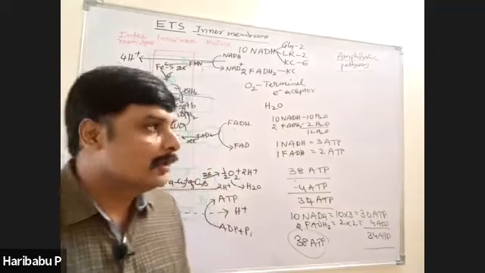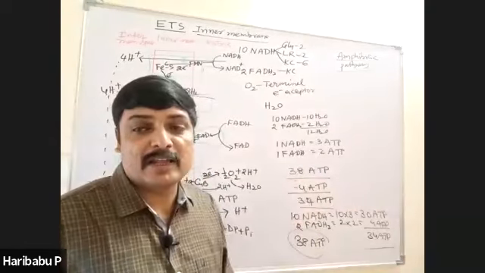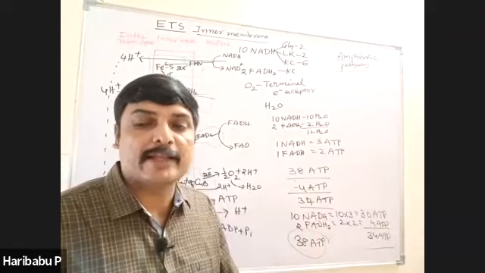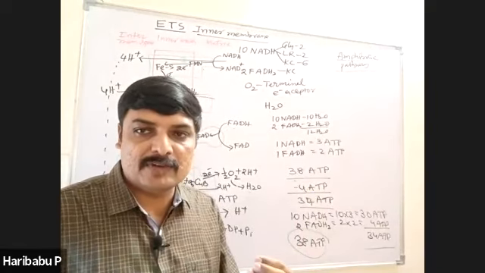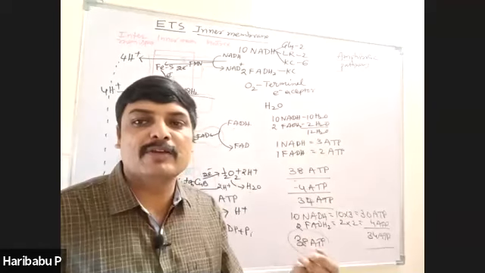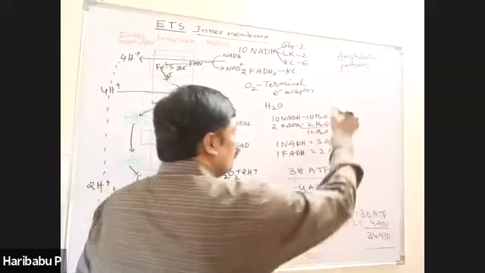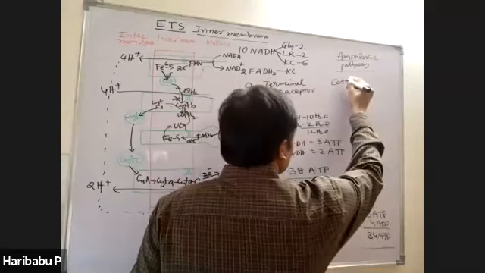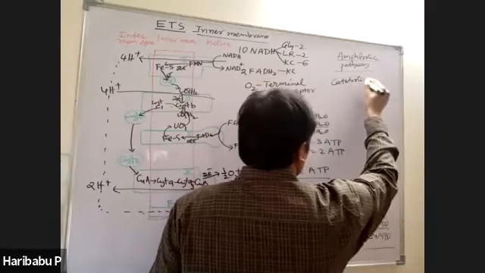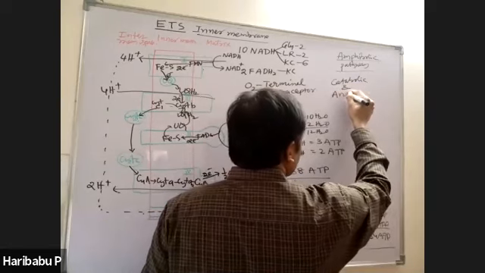But some intermediates of the Krebs cycle, like alpha-ketoglutaric acid, act as a substrate for the synthesis of several amino acids. Therefore, not only catabolism, but also anabolism occurs.